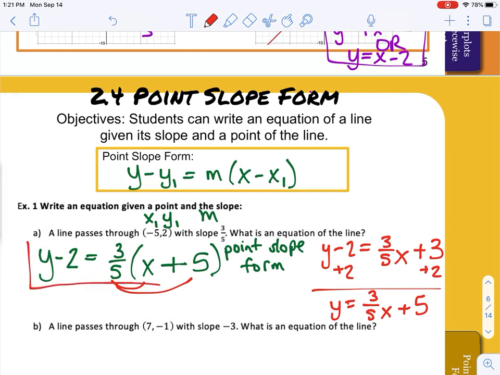Now if you were to graph our point slope form and you were to graph our slope intercept form, these are the same two lines, just two different ways to write it.